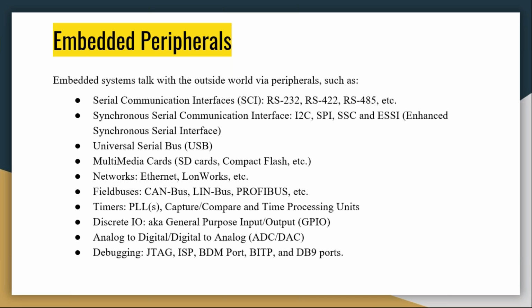So an embedded system talks to the outside world via peripherals, like the serial communication interface, which is called SCI, and the protocols are RS232, RS422 and RS485.